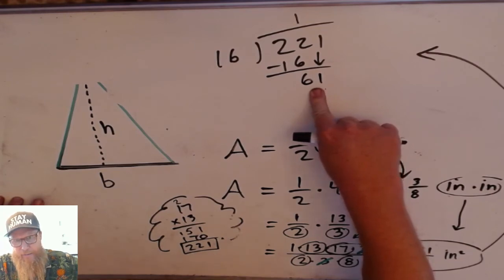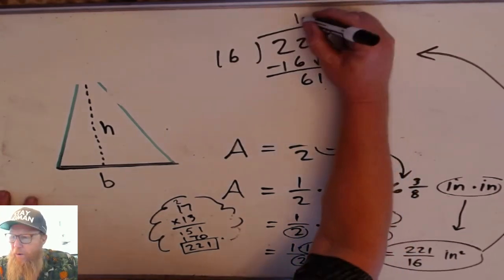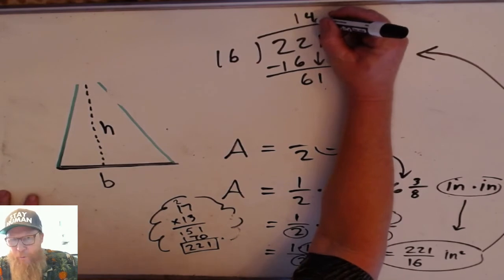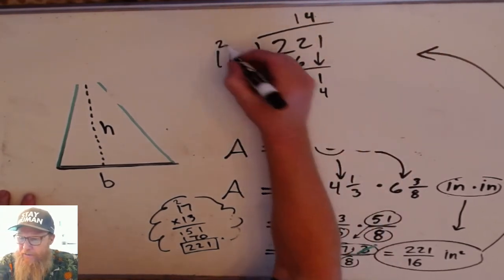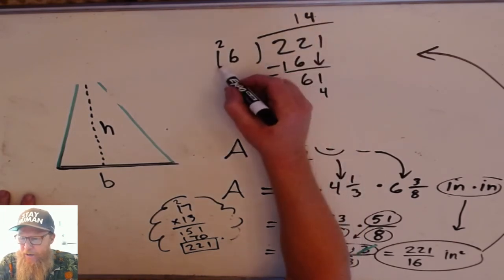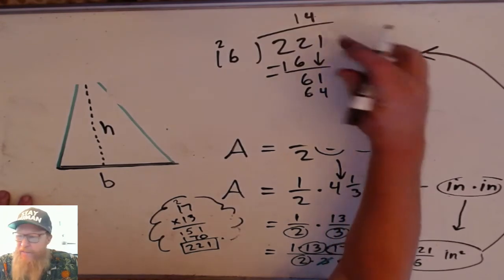How many times? 3? Maybe 4? Let's try 4. 4 is too big, huh? Let's try it anyway. 4 times 6 is 24. Carry the 2. 4 times 1 is 4 plus 2 is 6. Too big. 64 is bigger than 61.